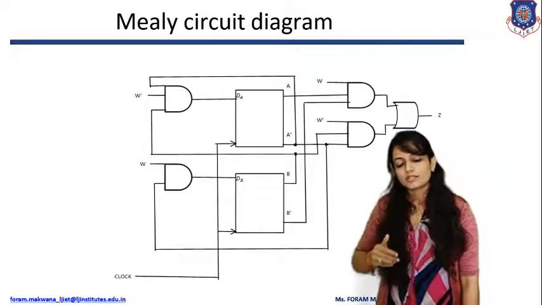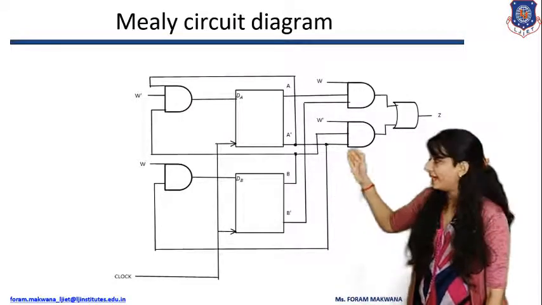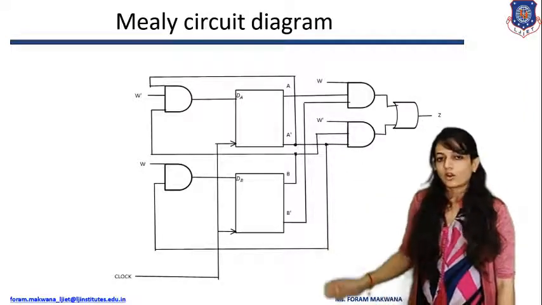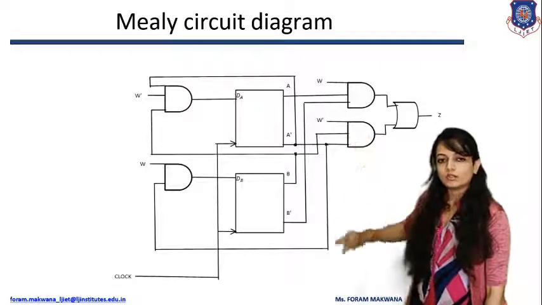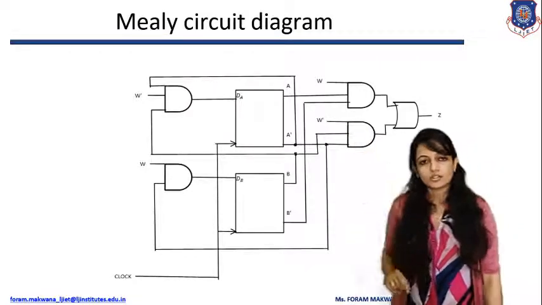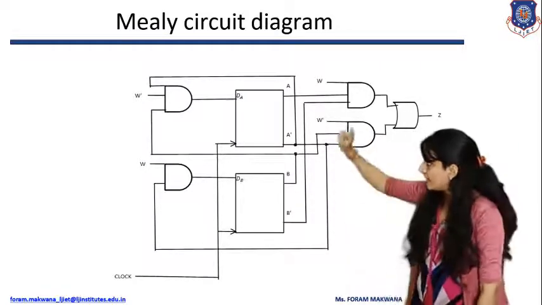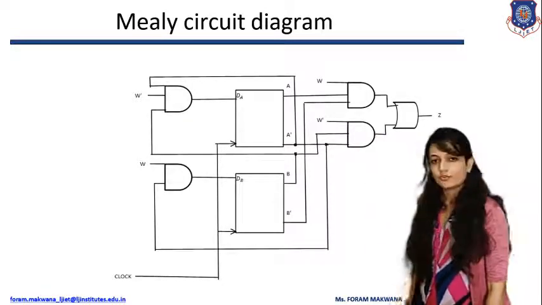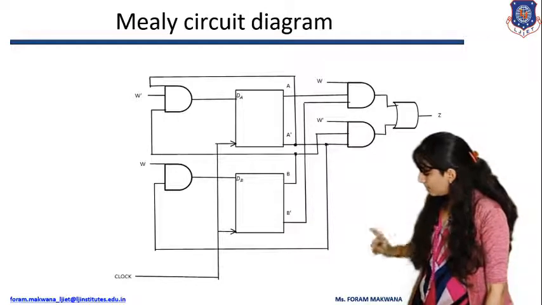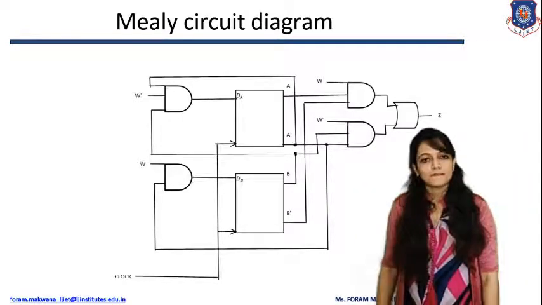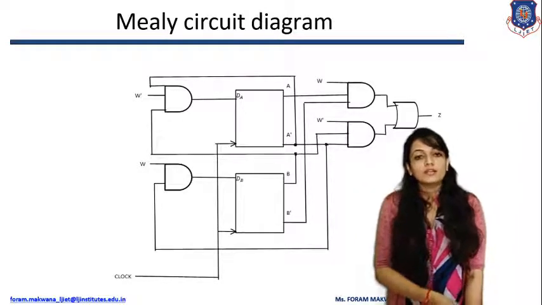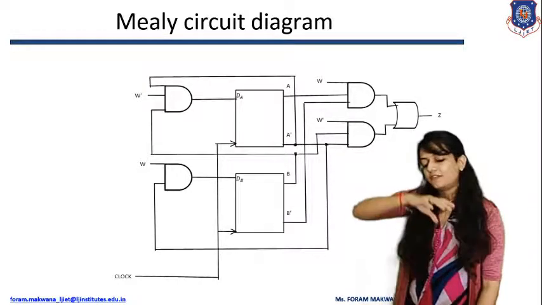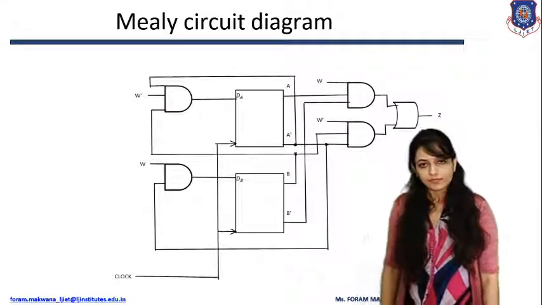What is the combinational circuit over here? It's a combination of AND and then over here an OR gate, right? The clock is applied individually to both flip-flops. What is my input? Only one input is there. Okay, DA, DB, two outputs: A bar for the DA flip-flop and B bar for the DB flip-flop. Right? Now we are able to derive how to draw the circuit diagram for a specific state graph.